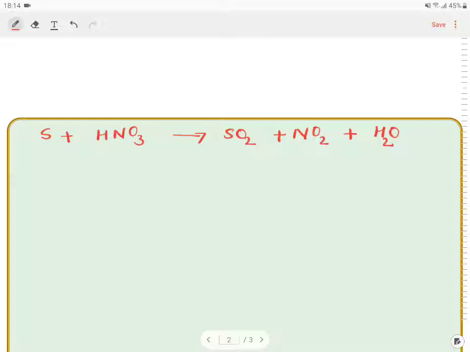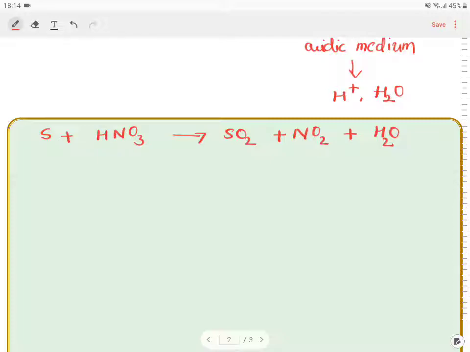Sometimes they'll give you the reaction is carried out in acidic medium or basic medium. Otherwise, we need to identify. How do I identify it? Sulfur is reacting with HNO3. HNO3 is an acid. Therefore, the reaction is conducted in acidic medium. When we make use of acidic medium, balance the remaining atom using H plus and H2O. Whether it's on the reactant side or the product side, it depends on the balancing.